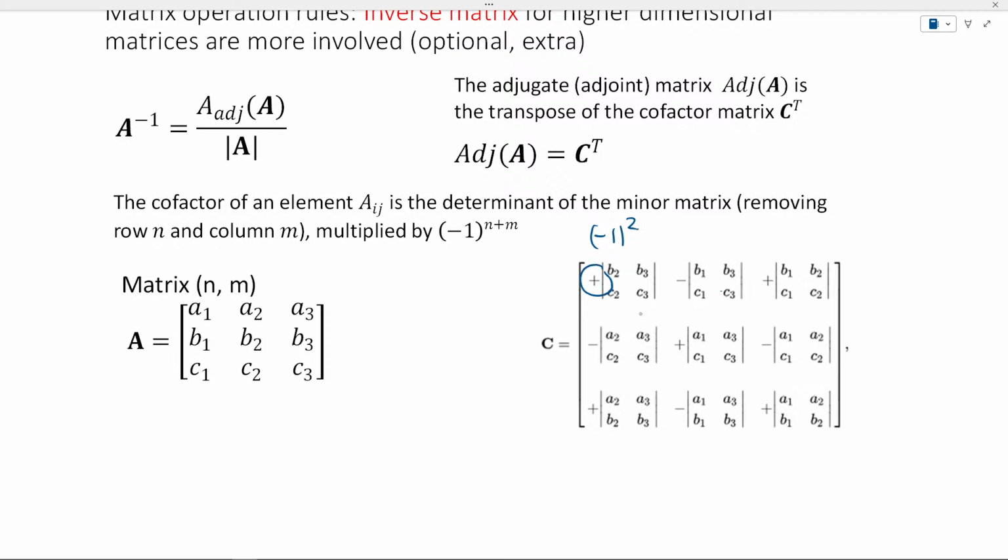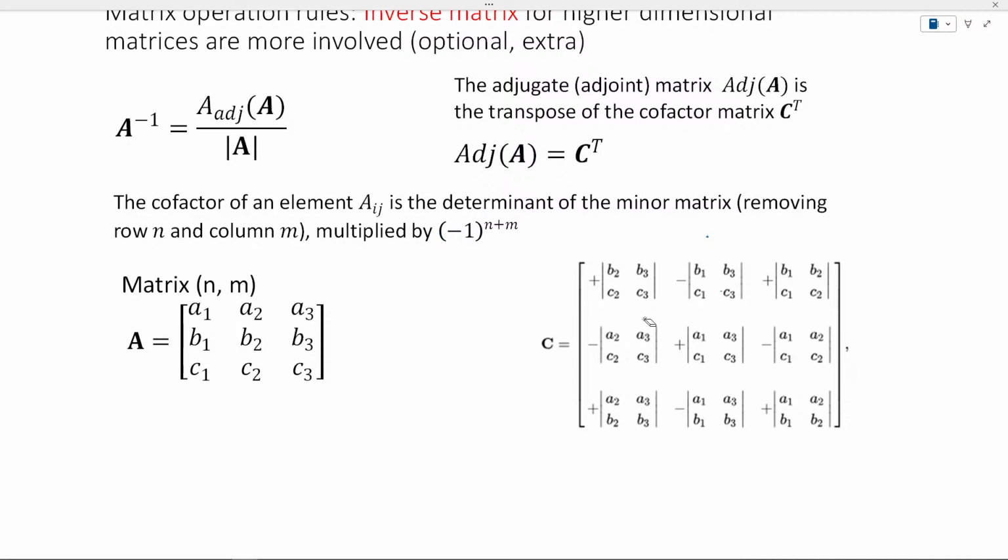Here, for example, n is equal to 1, m is equal to 2, because this is the second column, so I got negative 1 to the power of 3, then I got negative 1. That's why I have a negative here. So you see this positive and negative follows this rule. That's basically the rule that this thing follows.